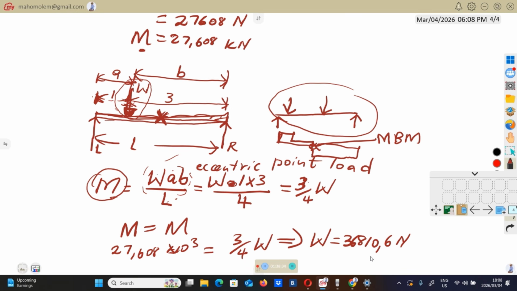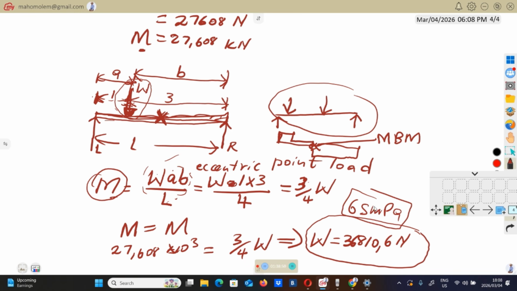0.6 Newton. So in order not to exceed that stress of 65 MPa, our load must be equal to this or less than this. Remember, this is the stress limit. The stress must not be more than 65.